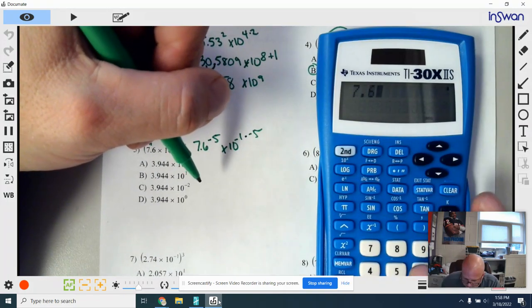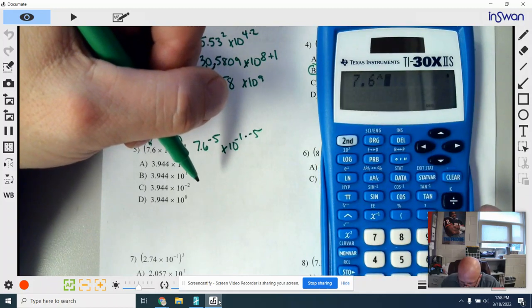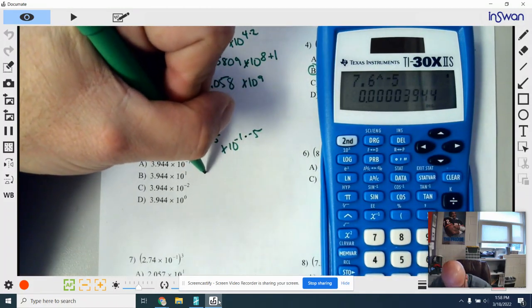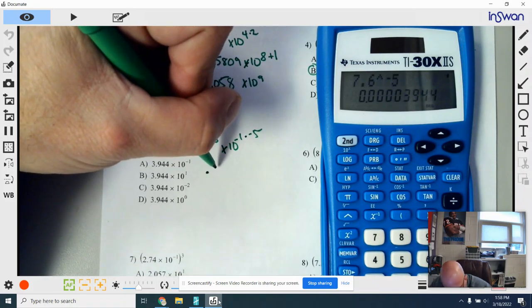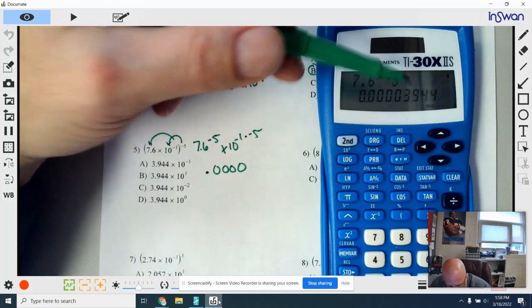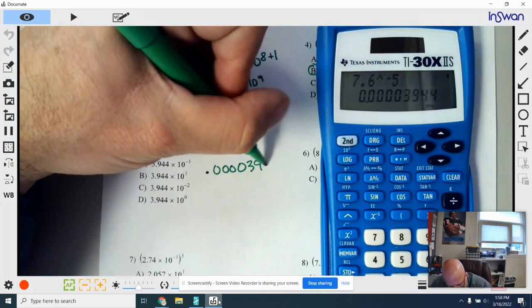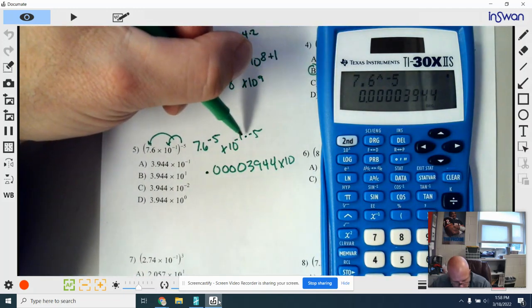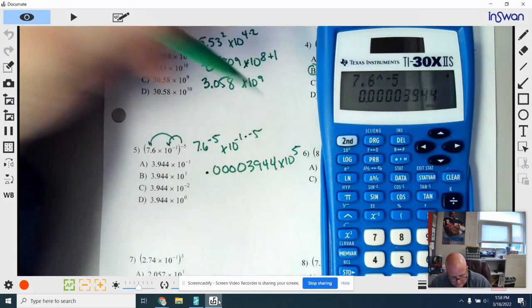Let's do 7.6 to the negative 5th power, and we see that's a pretty small number. So I'm going to put decimal 0, 0, 0, 0. So I have 4 zeros there, and then 3944 times 10. Negative 1 times negative 5 is positive 5.